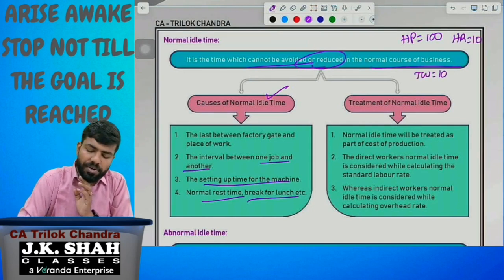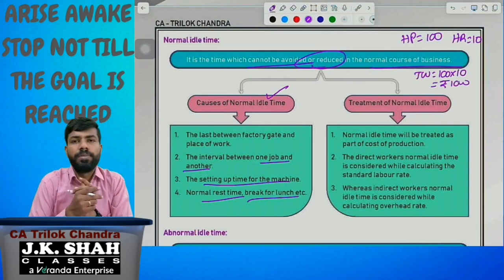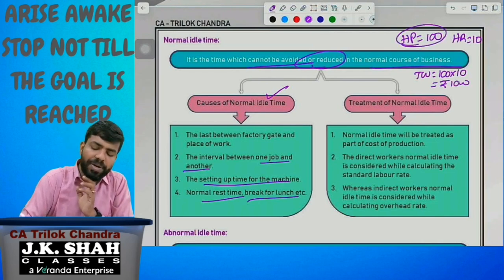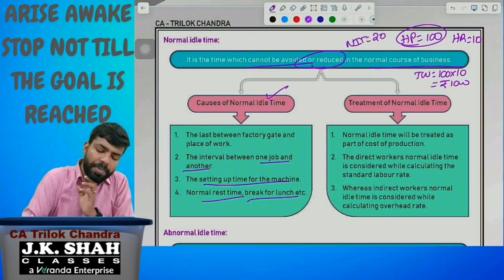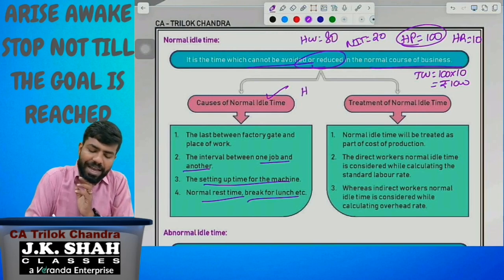Total wages equal to 100 into 10, which comes to rupees 1000. Now, out of this hours paid of 100, normal idle time equal to 20. Hours worked equal to 80. While calculating hourly rate, total earnings is 1000 divided by 100 minus 20.